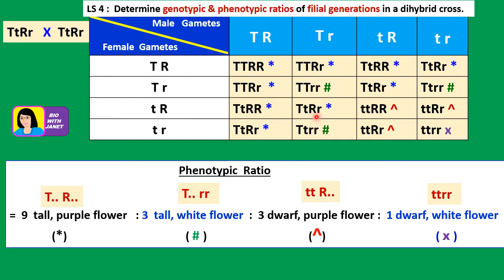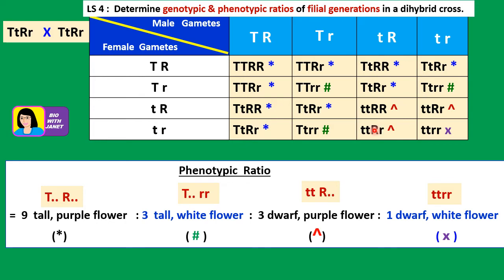So you can pause the video for a while, try and find the plants with tall purple flowers, then tall white flowers, dwarf purple flowers, and dwarf white flowers, and then mark it in your diagram. For tall purple flower, we use the asterisk symbol. For tall white flower, we use the hash symbol. For dwarf purple flower, I use the inverted V symbol. And for dwarf white flower, I use the X symbol. So you can try to do it yourself first by marking it in the boxes here, and then we will discuss it in a short while.